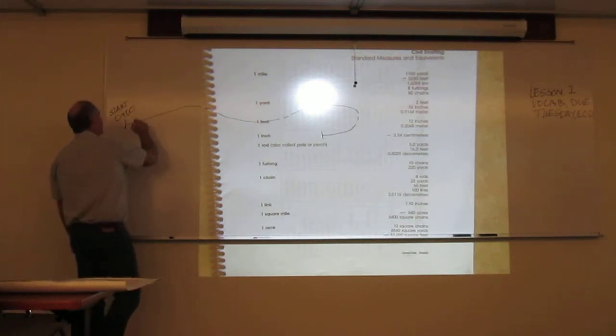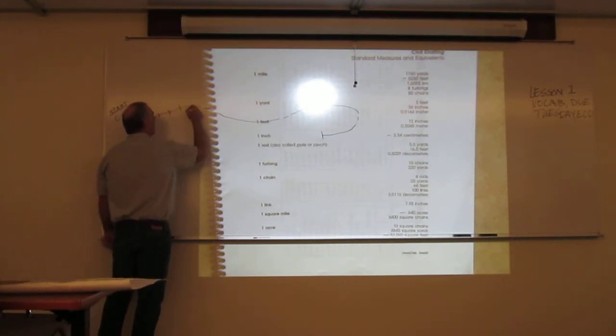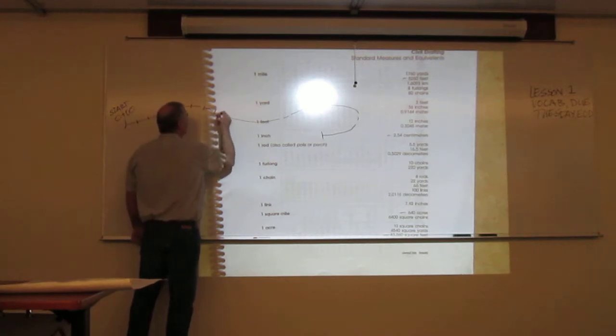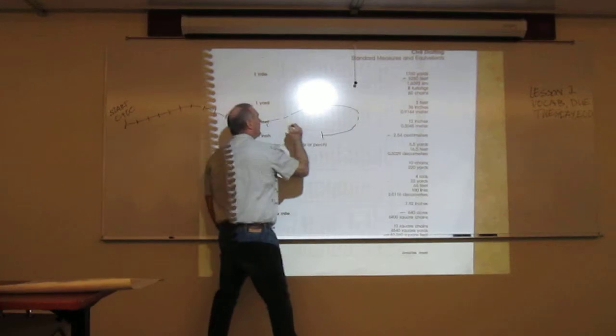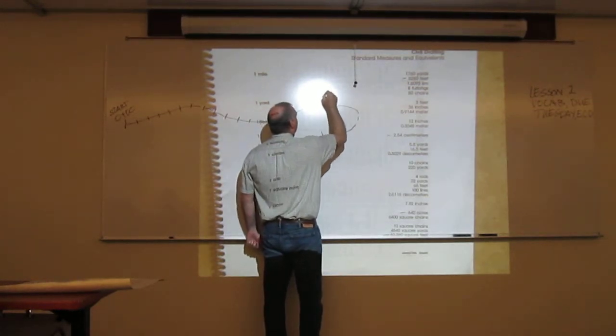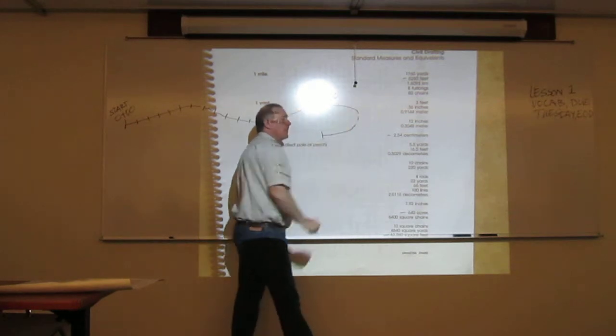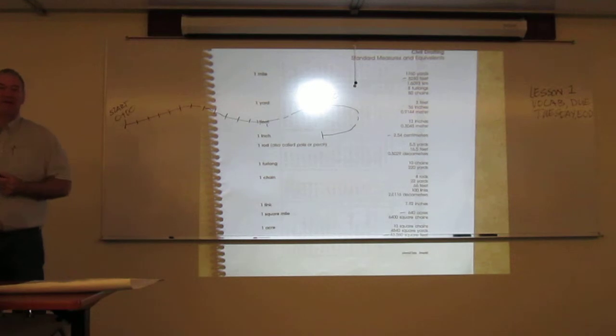Okay? So we would come through and start laying out 100-foot increments on it. And this system works really well. But eventually, let's say we get out here to station 75 plus 00.